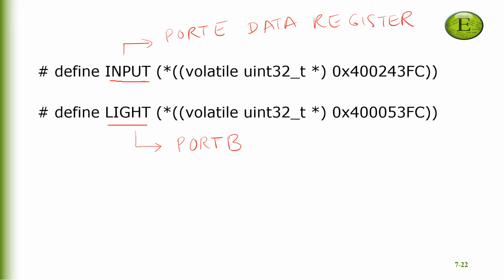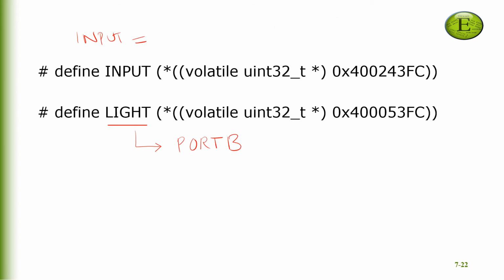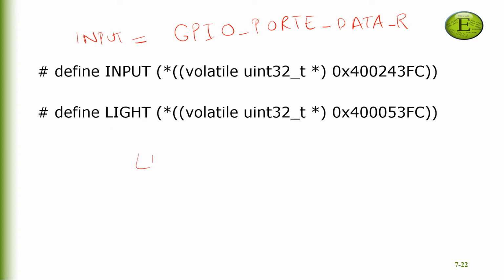That is, we could say that input has been assigned the port E data register, and more formally we could say that this is also GPIO port E data register. Likewise, we want light to be equal to GPIO port B data register.